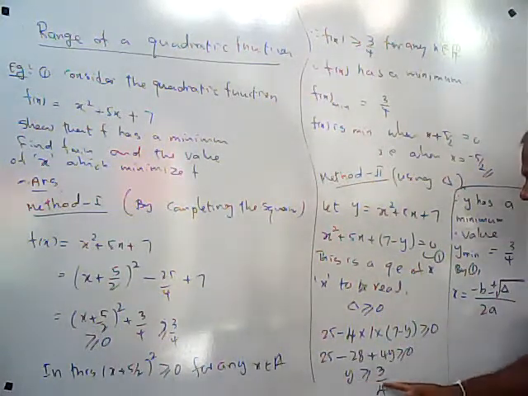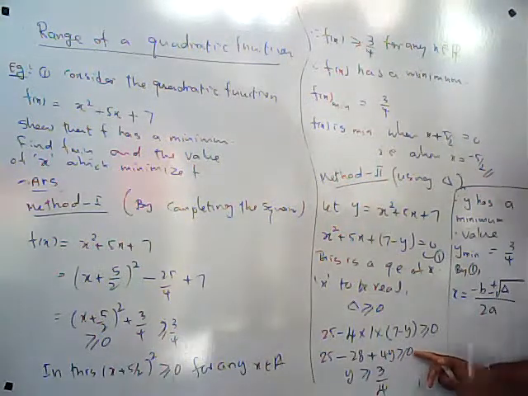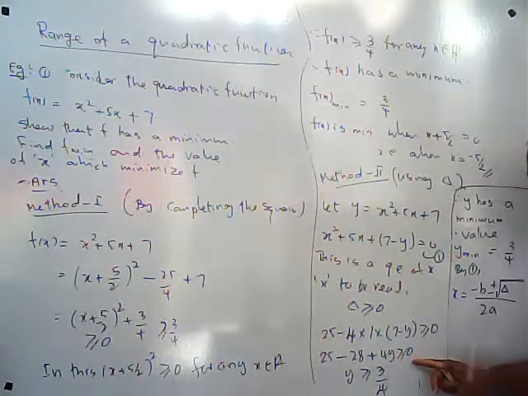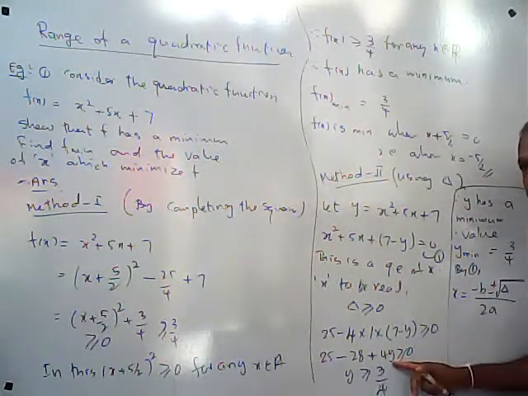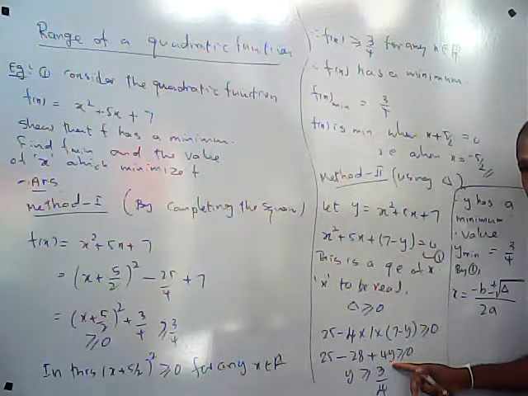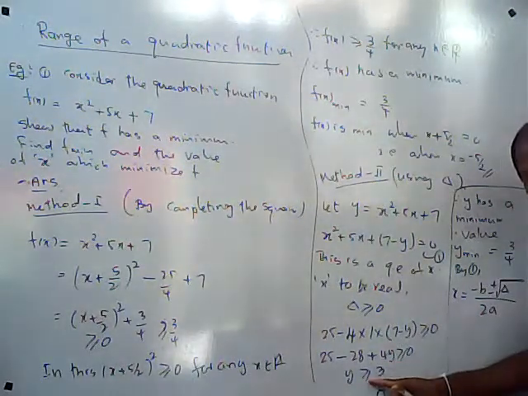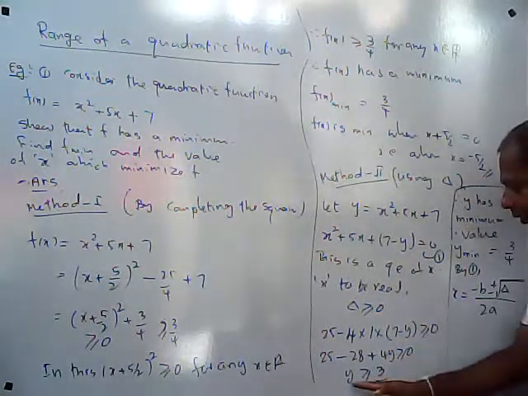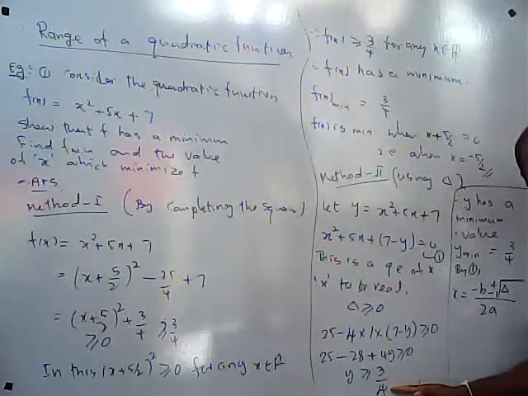Y is equal to this. If y is equal to this, what happens to this? For this particular value of y, what happens? You just substitute this value here, what happens? It will be equal now. In the previous line, y is equal to 3 over 4.